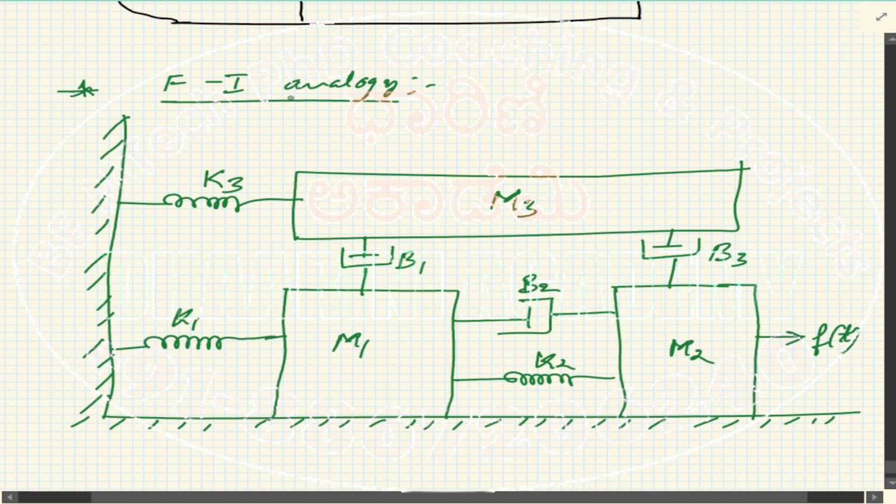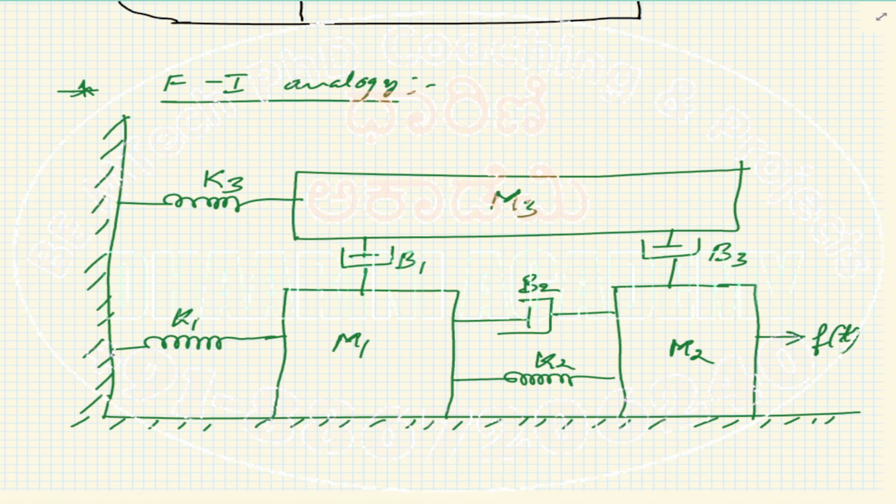So the question is apply the FI analogy, force current, to convert this block into an electrical network.